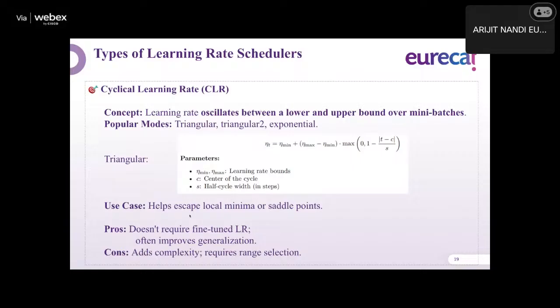It helps to escape the local minima or the saddle points. It doesn't require a fine-tuned LR and improves generalization, but it adds complexity because you need a proper selection of the learning rate maximum and learning rate minimum.